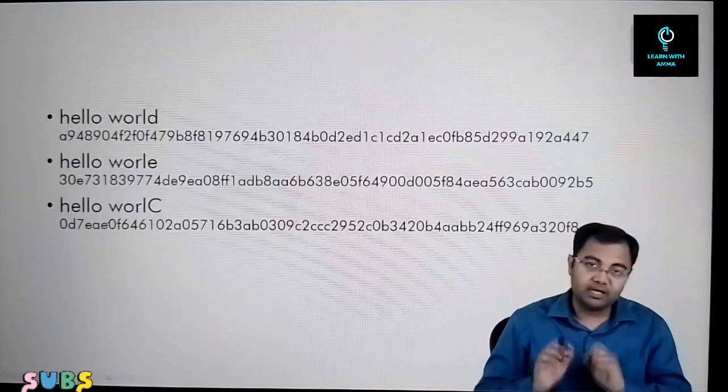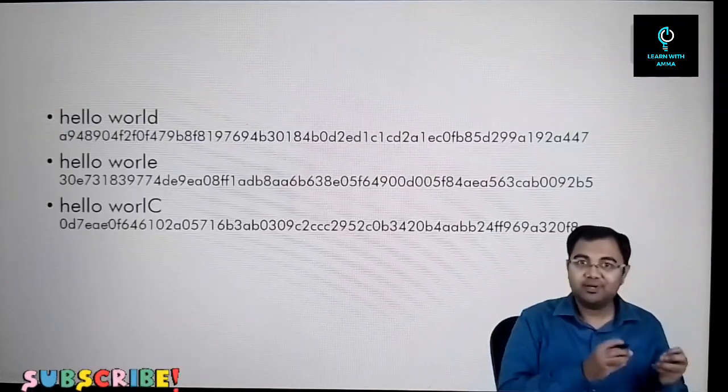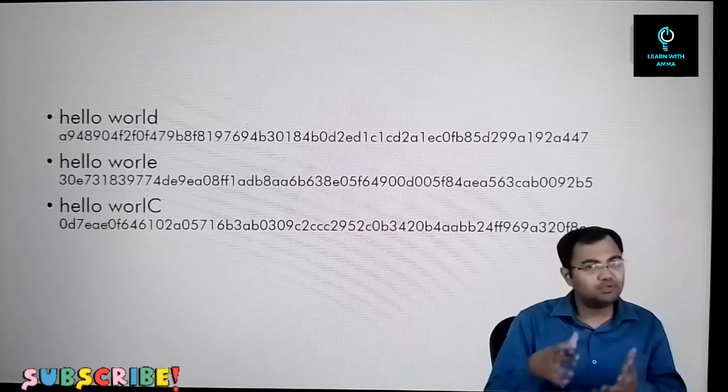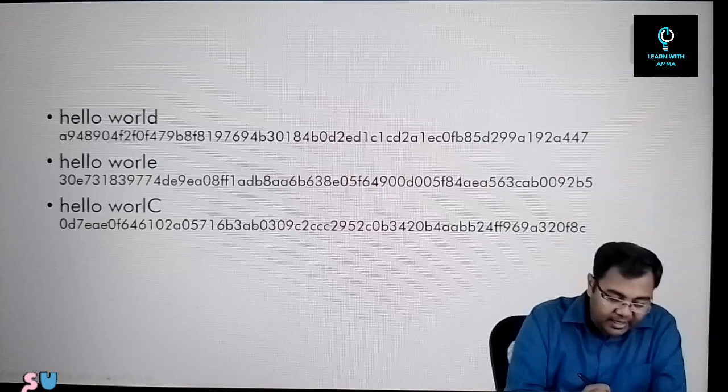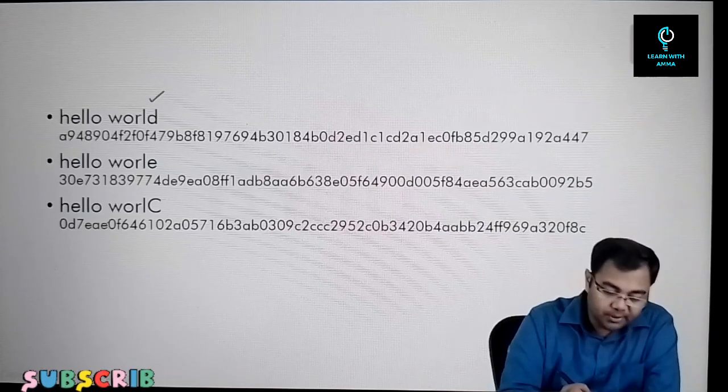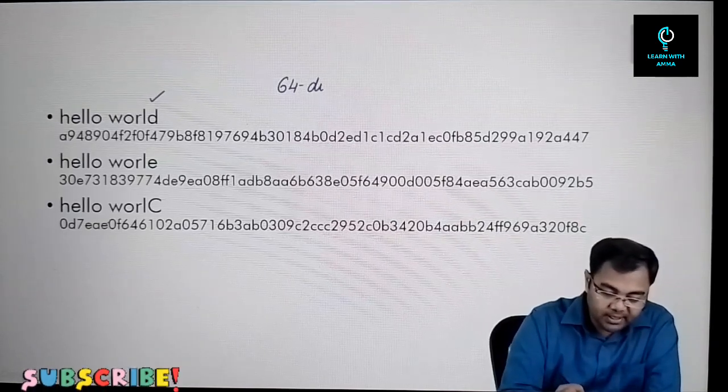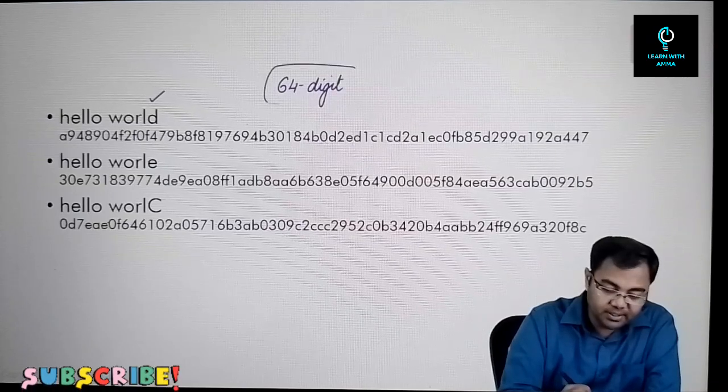Now look at this. Although this number 20 that I took as an example looks to be very simple to mine, this is what happens. If I'm talking about a hash, I'm talking about a 64 digit number.